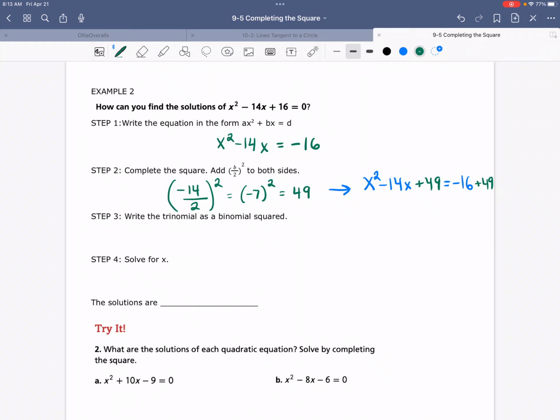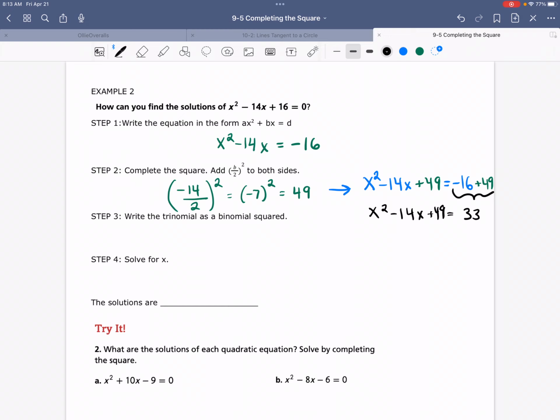But first, we got to simplify this down a little bit. Negative 16 plus 49, I'm going to end up subtracting that, and I'm going to get 33. So x squared minus 14x plus 49 equals 33.